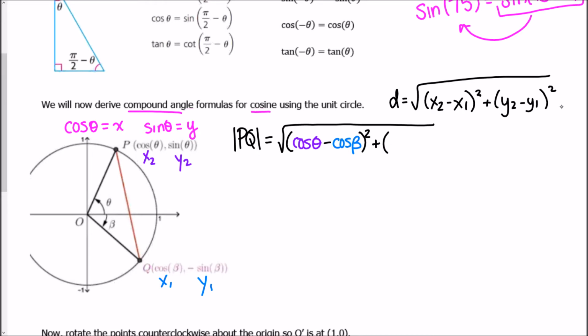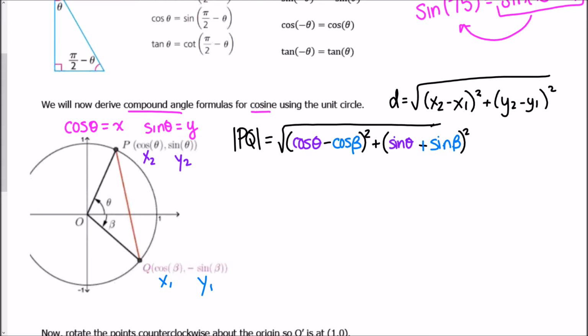Plus, and just a reminder, the distance formula is pretty much just the Pythagorean theorem, now we're going to do y2. y2 here is sine of theta, minus negative sine of beta. Minus negative sine of beta turns into positive sine of beta, and the whole thing is being squared.